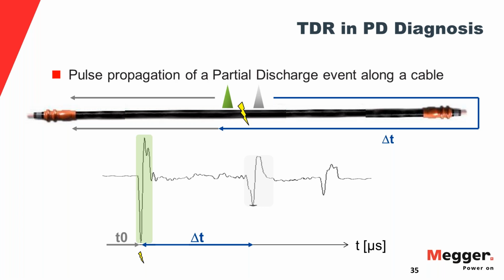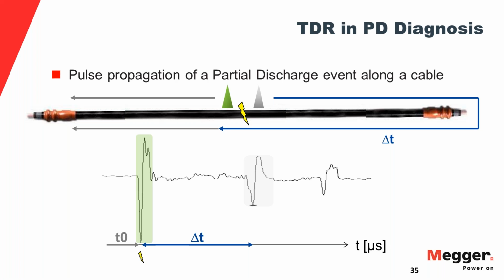And just one more comment before I go to the next slide. It's not actually TDR traces that you see there. It's not radar traces. It's similar, but it's not the same as when you would hook up a radar, let's say a Teleflex or something, to a cable and do a TDR measurement, because the PD source is somewhere in the cable. So if you want to think about this, yeah, it's kind of like TDR.